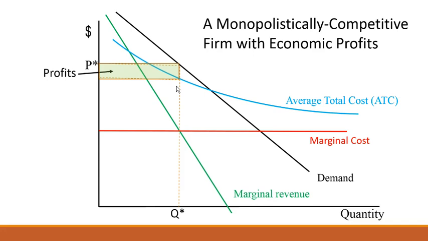As I mentioned earlier, this market structure is assuming that information is pretty good. So if all firms in the industry are experiencing some economic profits, firms that might potentially enter the industry know about that.